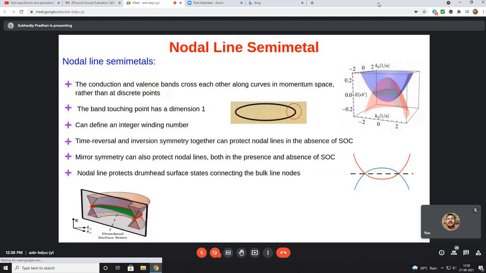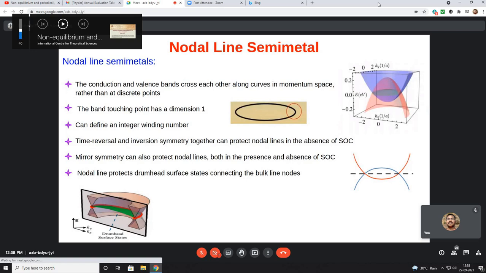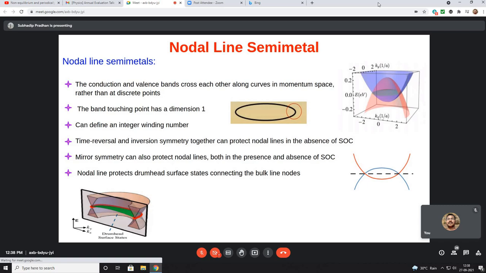It will be linear, but since you have drawn this picture, I could have pushed the red band further up, and it will still cut out a cross section which is a circle. But then the band curvature could be anything. What guarantees the linear behavior, unlike a Dirac semi-metal, where you know it's linear because of a special property of the band structure?